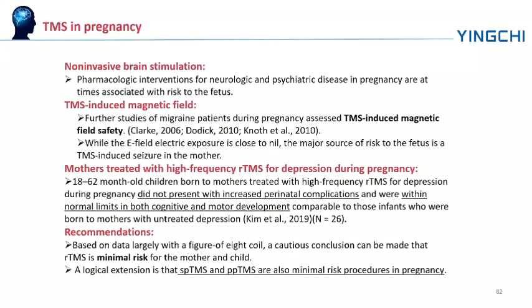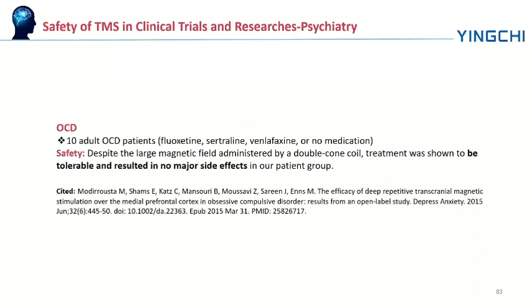So here is the recommendation from the safety guidelines. Based on the data, largely with a figure-of-8 coil, a cautious conclusion can be made that rTMS is minimal risk for the mother and child. So next is some evidence of the safety of TMS in clinical trials and research for patients with OCD.